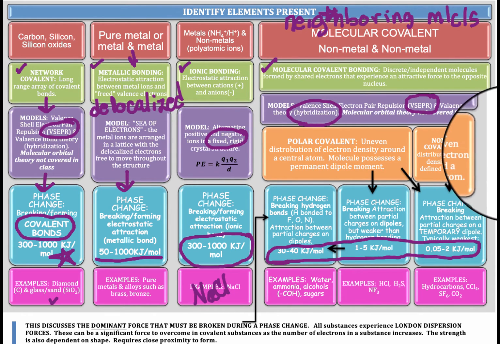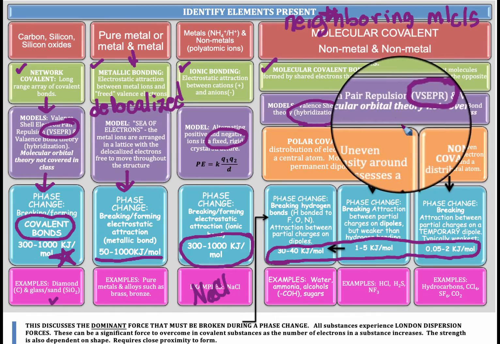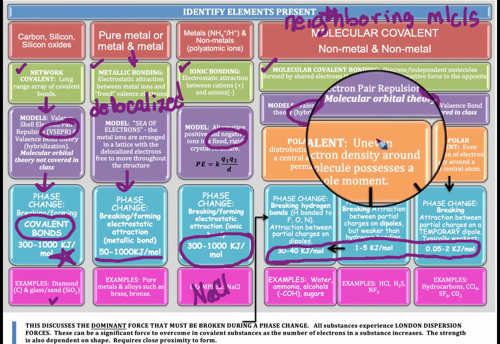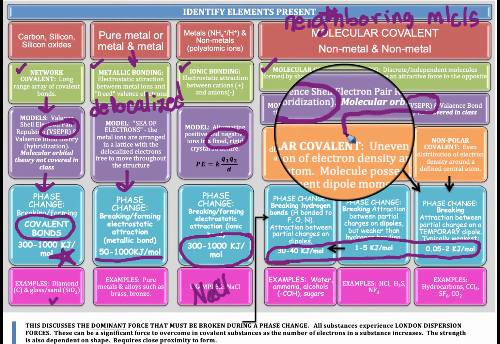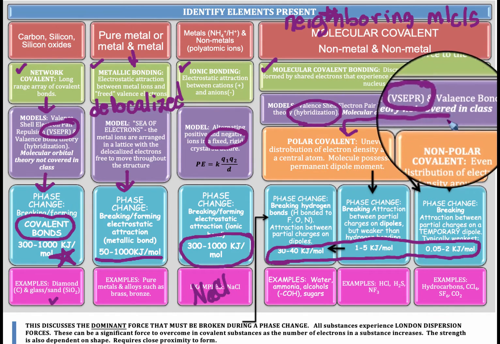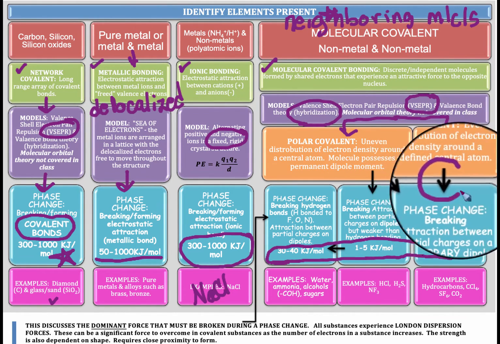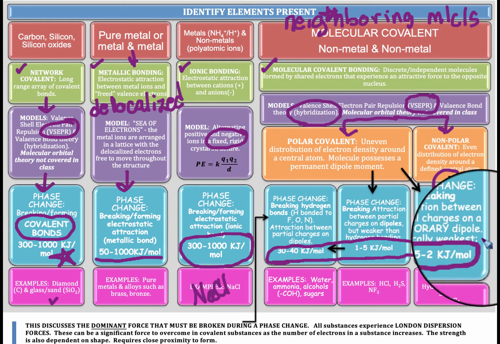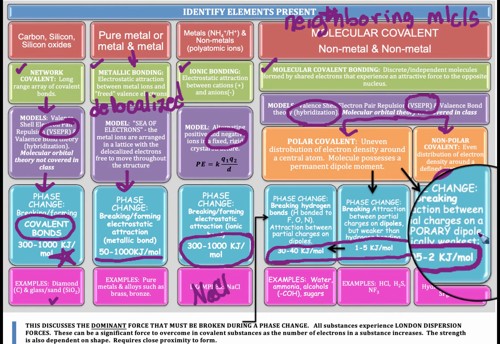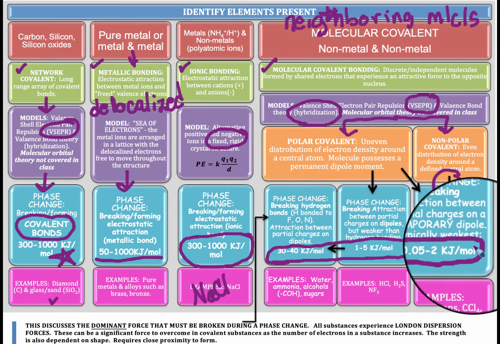All right, so once you've identified it as molecular covalent, next you have to define whether it's polar covalent or nonpolar covalent. If it is nonpolar covalent, the force of attraction that you're breaking is a London dispersion.